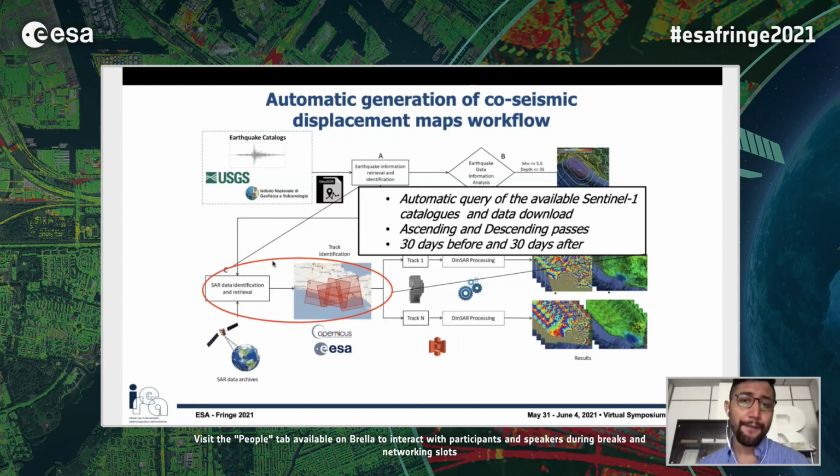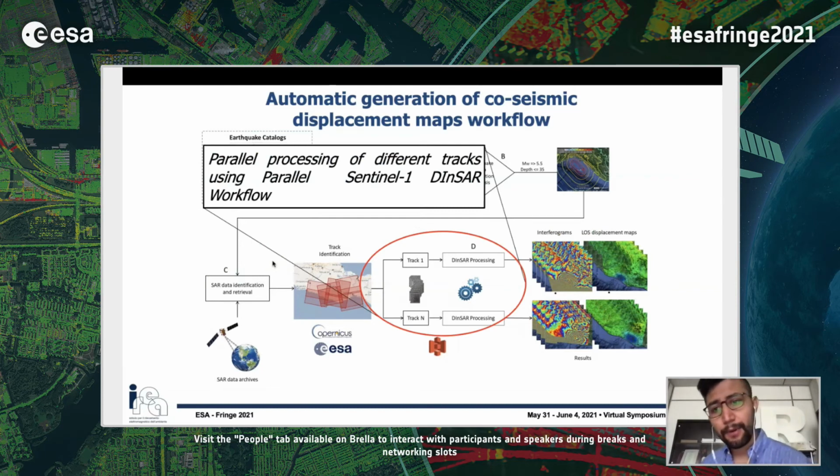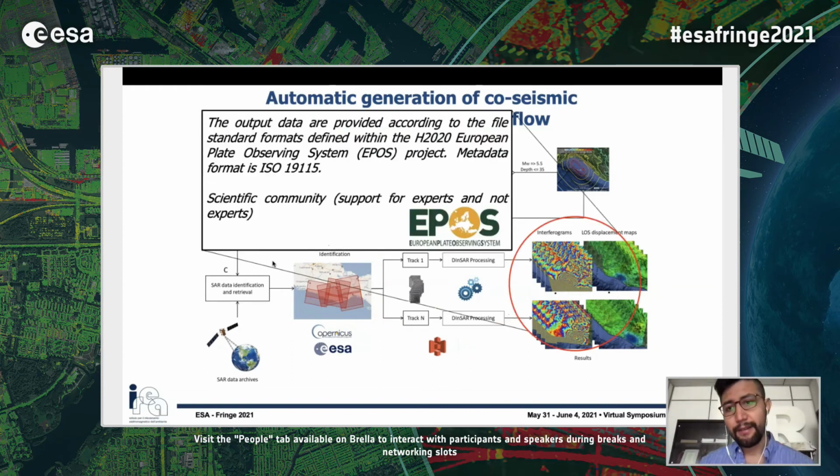After selecting the images in an automatic way, the tool starts the interferogram processing, using parallel processing of different tracks with the parallel Sentinel-1 DInSAR workflow that I explained before. After this, we can generate the interferograms and line-of-sight displacement maps. In this case, we are working with EPOS formats.